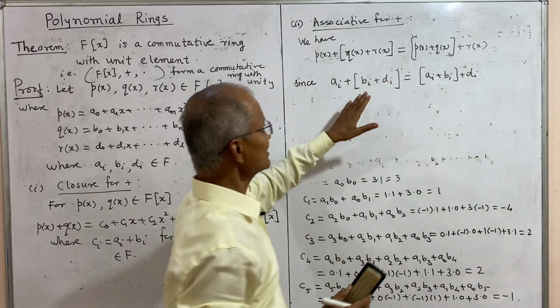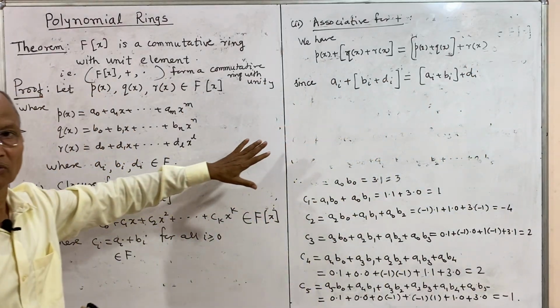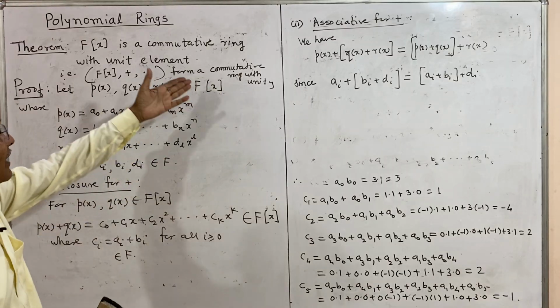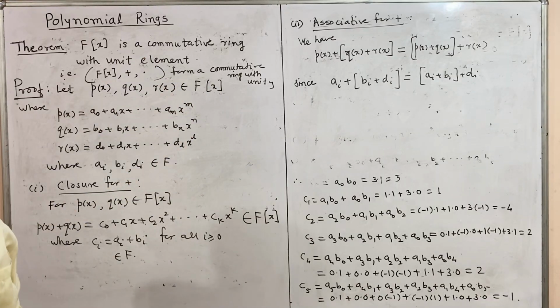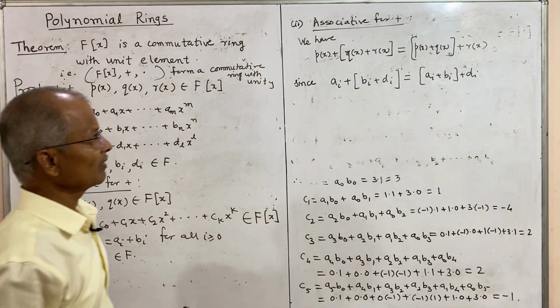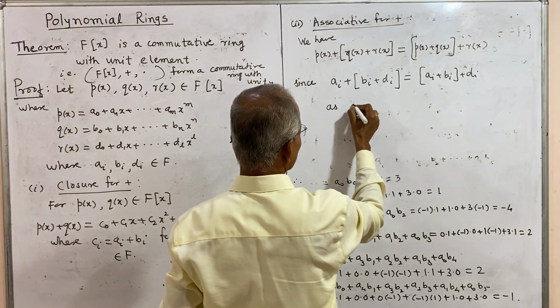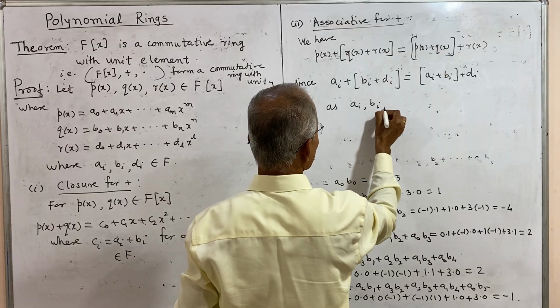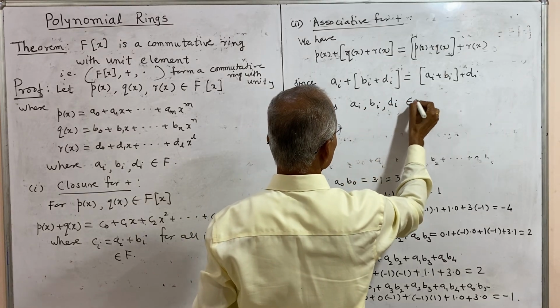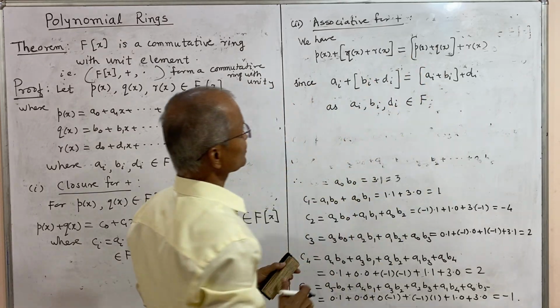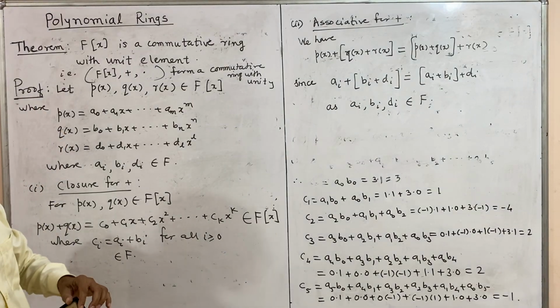As these coefficients are elements of field, and in field the addition is associative, therefore as ai, bi, di belong to field, the associative property is satisfied for addition of polynomials.